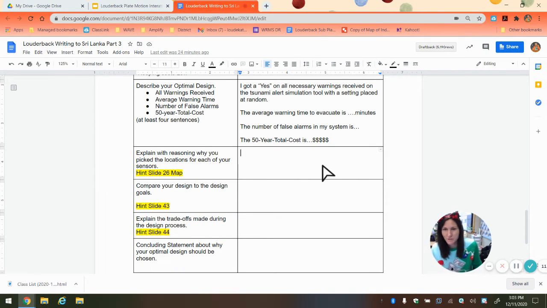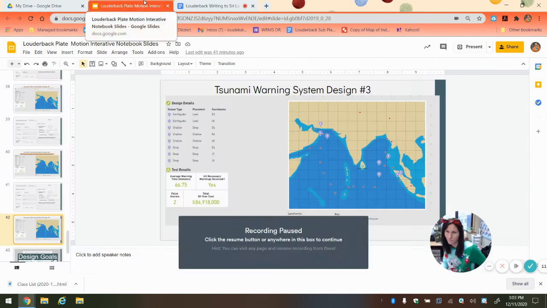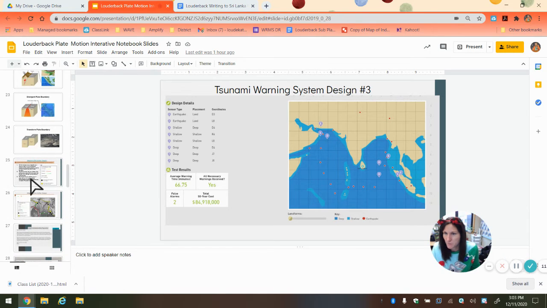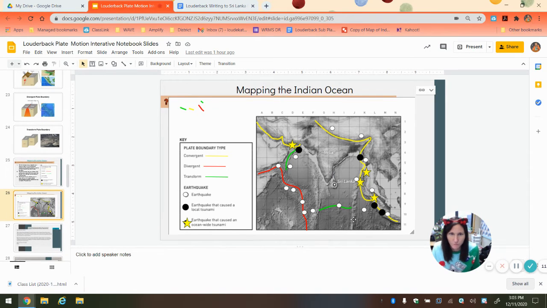So in order to explain your sensor locations, I would encourage you to go to slide 26 and look at your map. Slide 26 is when we were doing the mapping of the Indian Ocean region. You should have come to the realization that even though the Indian Ocean region has all 3 plate boundaries, the convergent, the transform, and the divergent, only the convergent boundaries are the locations where we see earthquakes strong enough to create a tsunami, specifically the ocean-wide tsunamis.